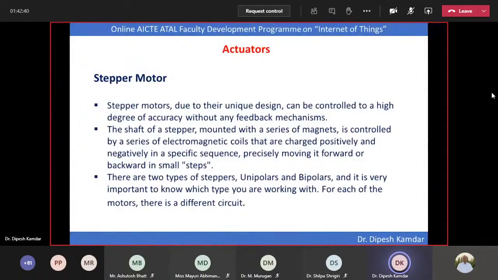So instead of using this, when you want to control the number of rotations, a stepper motor is a better option. It works based on the step size.